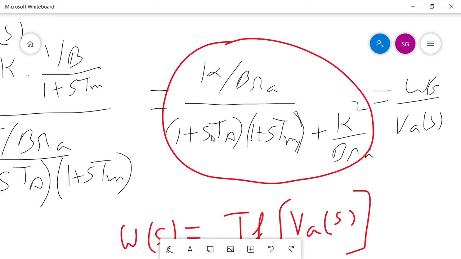So if you multiply these two, what will happen? It means this omega depends upon the time constant of this armature circuit, the electrical time constant, and also the mechanical time constant. Your electrical time constant is changing very fast, the TA is very low, so we can always neglect this 1 plus STA with respect to 1 plus STM.